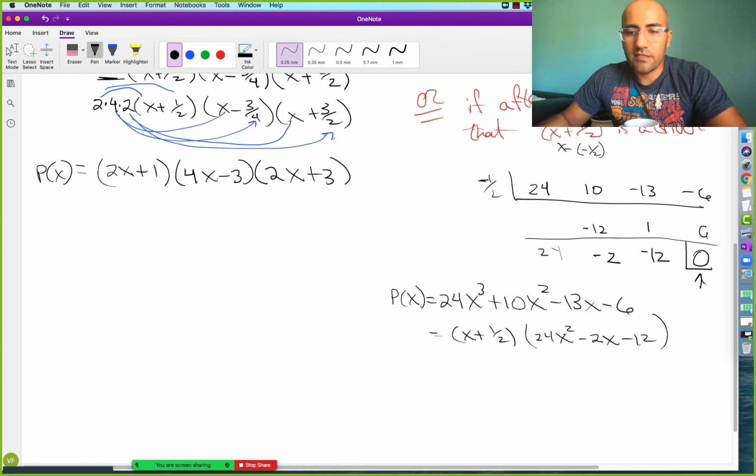And from here, since it's a nice quadratic, we can use guess and check methods to simplify this and figure out how to factor this guy. Or we can keep going.